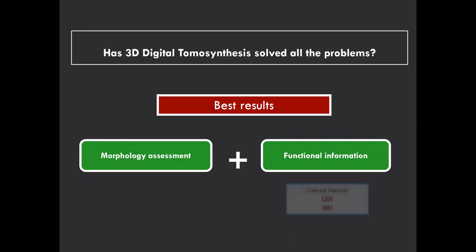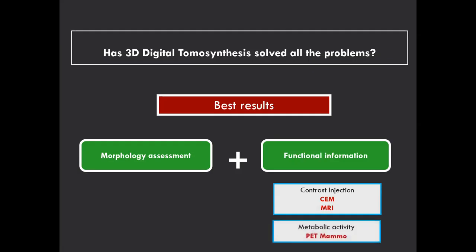This functional information might be obtained through the injection of contrast media, like what we do in contrast mammography and in MRI, and it might be obtained by assessing the metabolic activity of the tumor cells, like what we do in PET mammography. And if we look at tomosynthesis, yes, it allows for an enhanced morphology assessment, but it gives us no additional functional information.